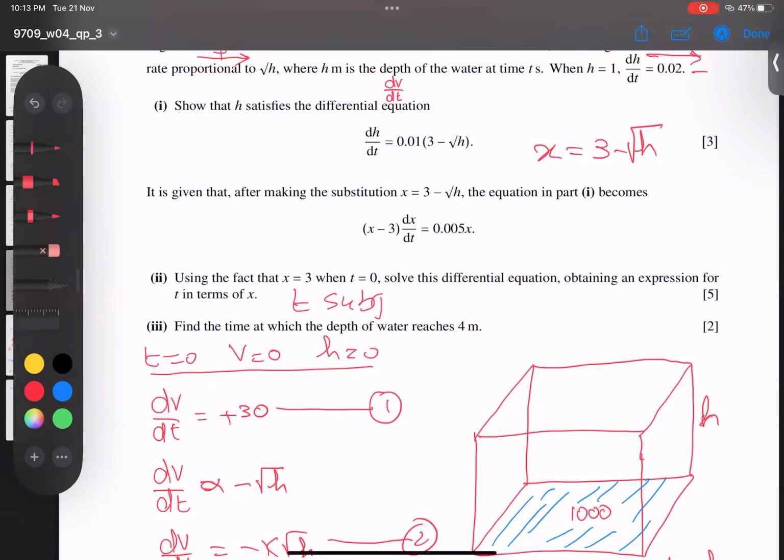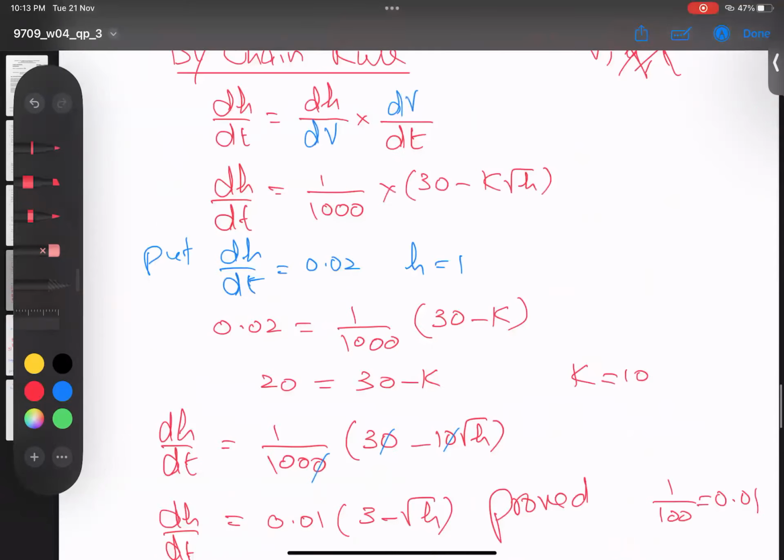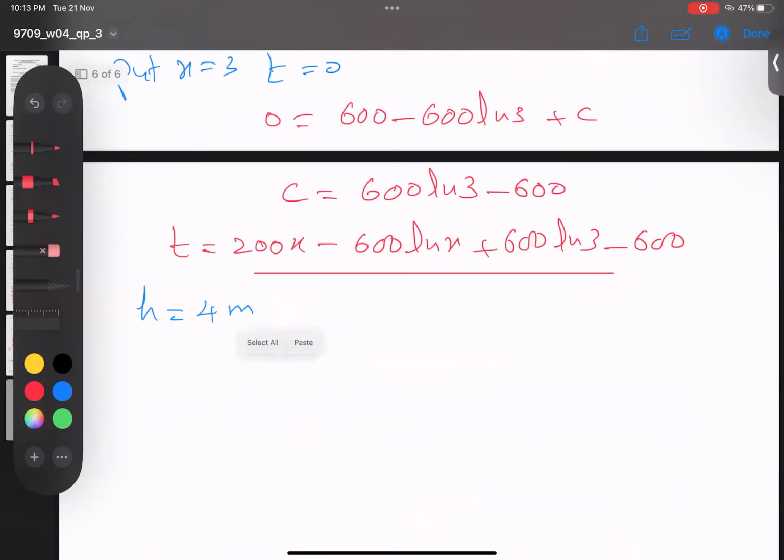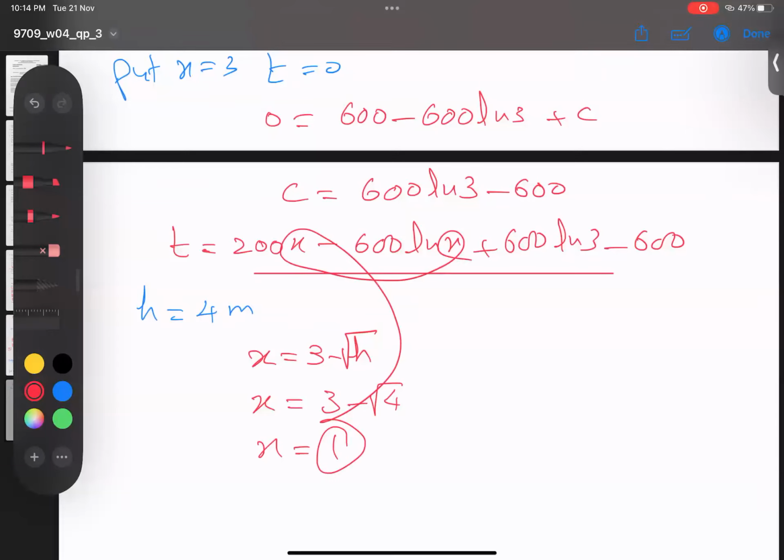I will use this connection. So I need x. First of all, I put root 4 here, so x becomes 2. And this goes to 1. This one I'm going to plug in here and get the time.